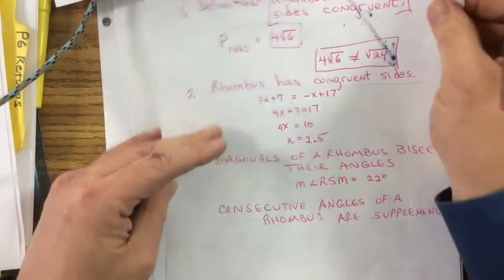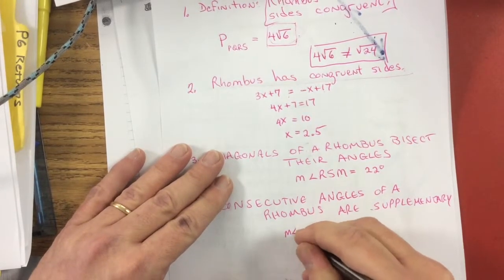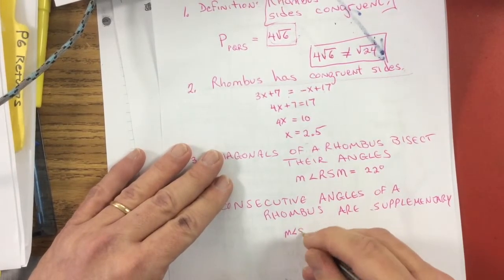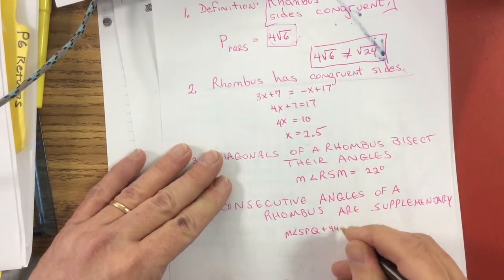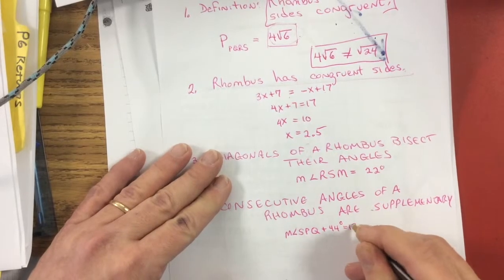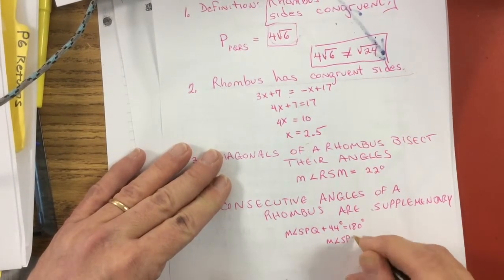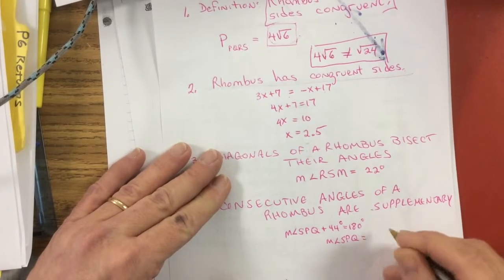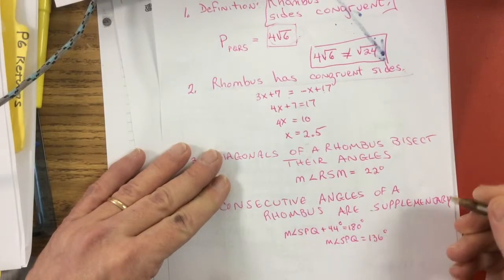So the angle we're looking for, the measure of angle SPQ plus 44 degrees has to equal 180 degrees. And that means the measure of angle SPQ is equal to 136 degrees.